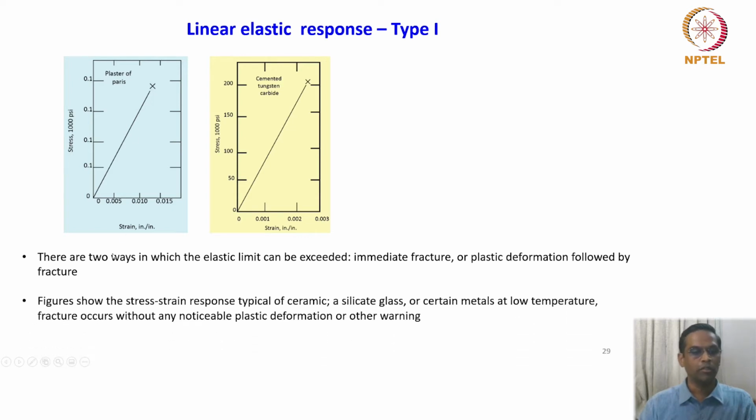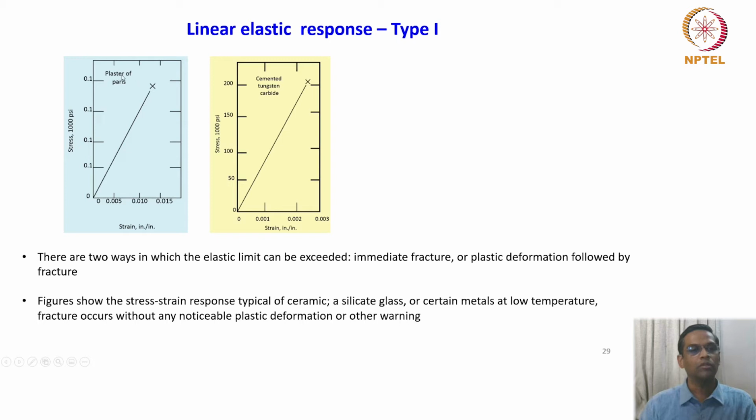The figure shows the stress-strain response typical of a ceramic, a silicate glass, or certain metals at low temperatures. Even a ductile material such as a metal at very low temperature has the potential to exhibit similar behavior. But in general, these kinds of stress-strain relations are exhibited by ceramic materials.